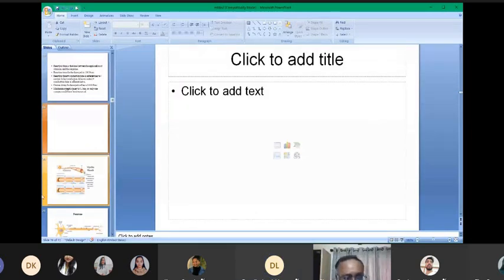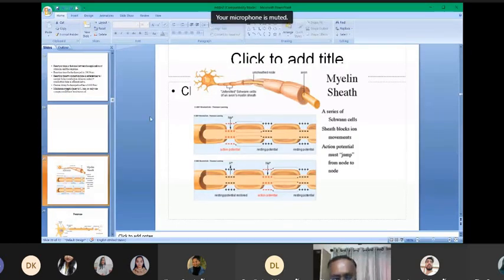Okay. Now let us come to this portion. As I told, this one is the nerve. Say for example, this is the axon, and this is the myelin sheath.